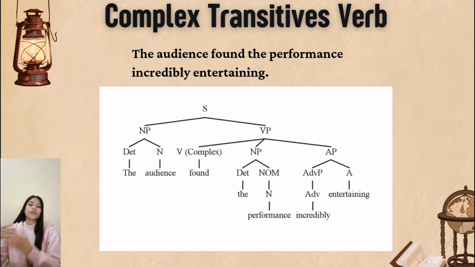Instead, it describes the direct object, the performance, by stating its quality or condition as perceived by the subject. So look at the diagram. Thus the verb found links the direct object with the object predicative, making the meaning of the sentence complete.